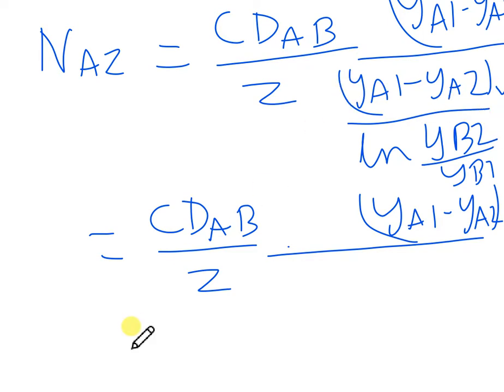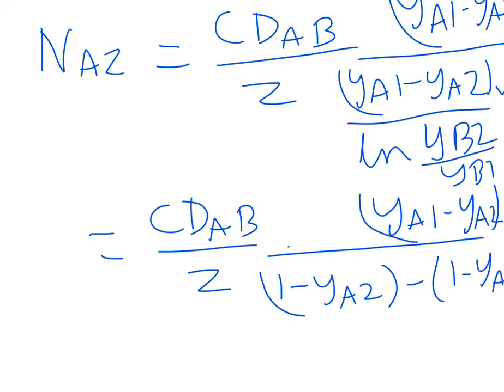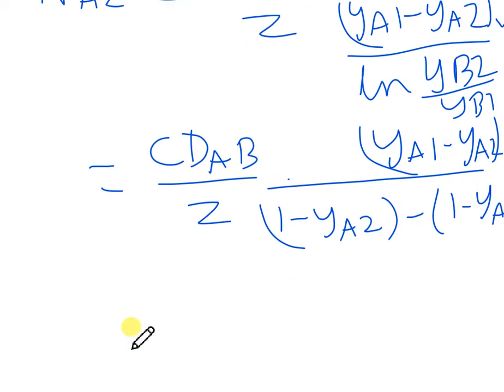So this one also we can do in terms of yb. I can rearrange this such that that becomes one. Okay, you can see 1 minus Ya2 minus 1 minus Ya1, that is becoming Ya1 minus Ya2.